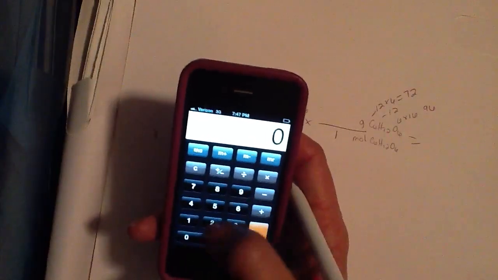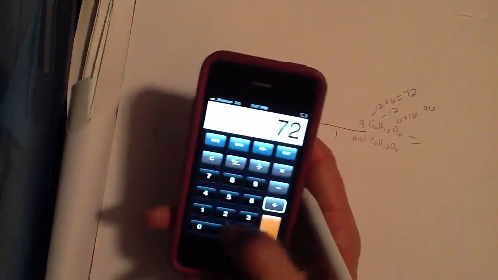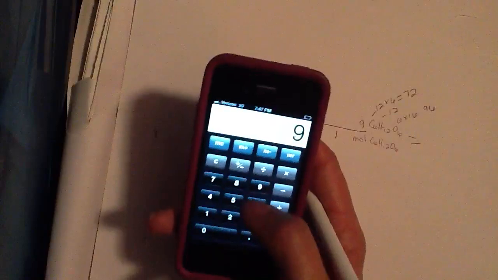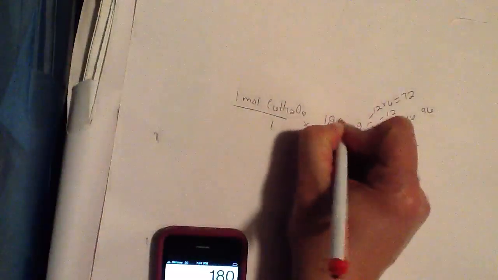Let's add this up really quickly to make sure we're doing it correctly. 72 plus 12 plus 96 equals 180. That looks right.